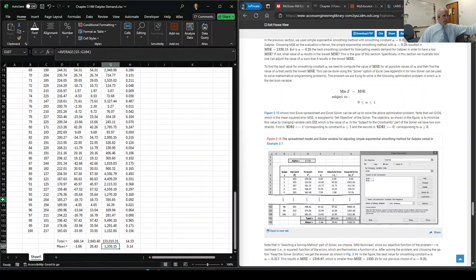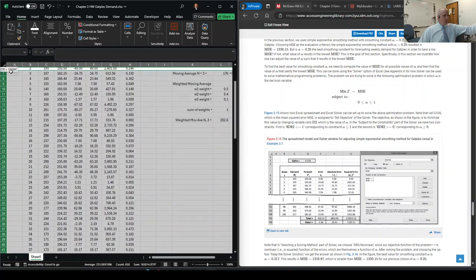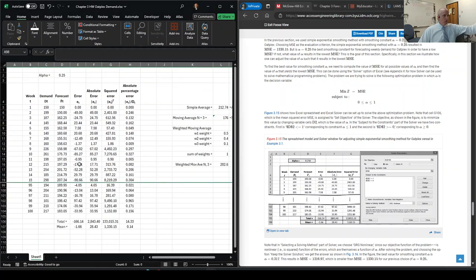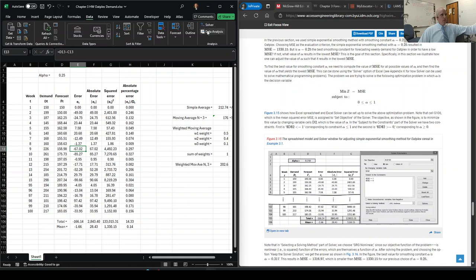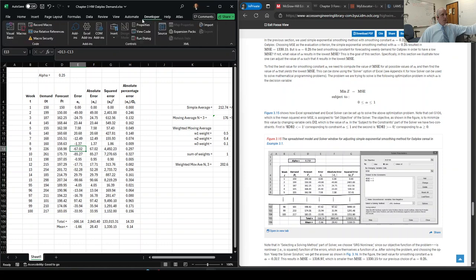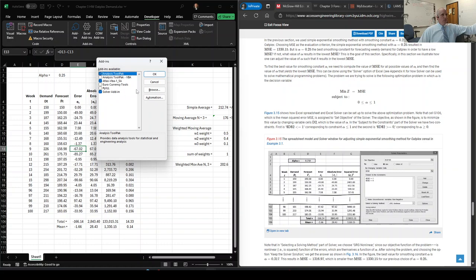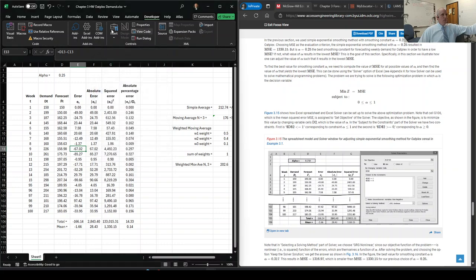Go ahead and hide a bunch of these rows here so I can try to fit more on the page. Here's what we're going to do. If you don't have Solver already showing up on your Data tab, you can go to File, Options, and under Excel add-ins you can get that Solver add-in to show up.